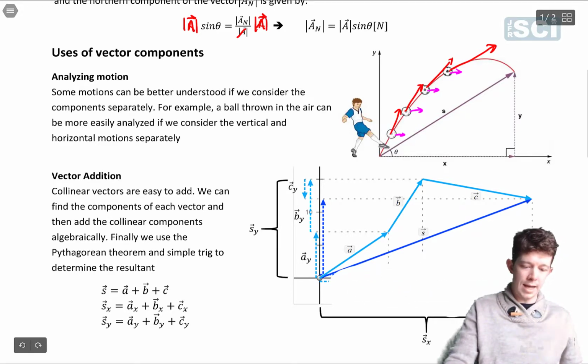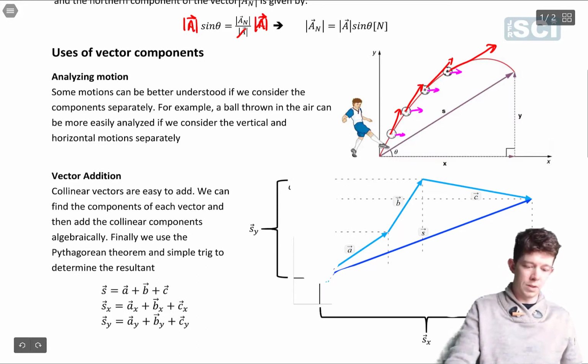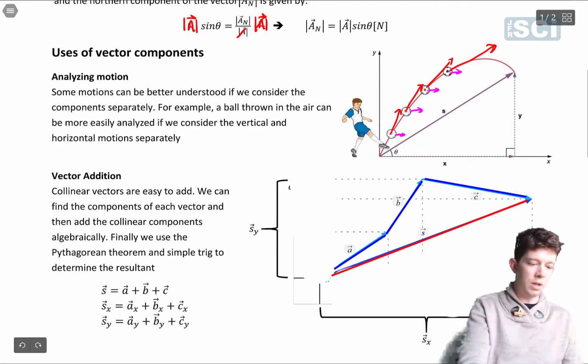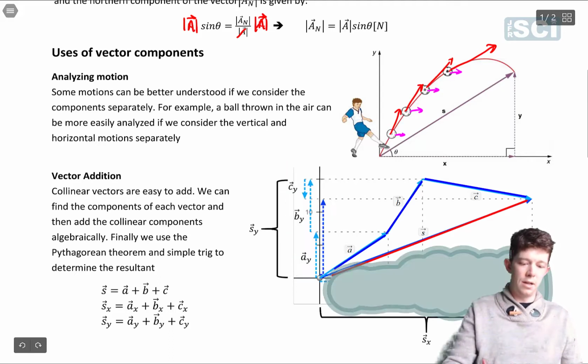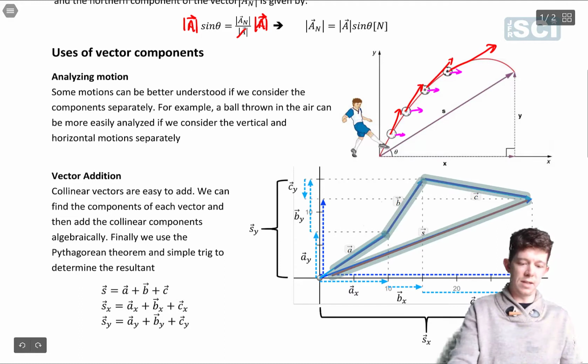So I'm trying to add the vector A, which is this one, plus vector B, which is this one, plus vector C. And you can see that the resultant vector that I get there is the addition of all of those. Now, what I want to do is add the portions or the parts of each of these vectors together.